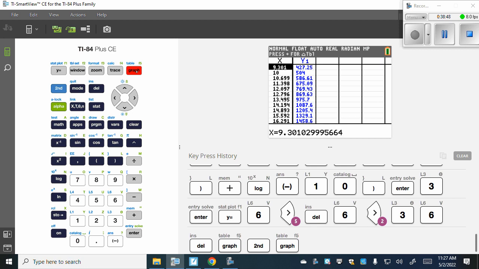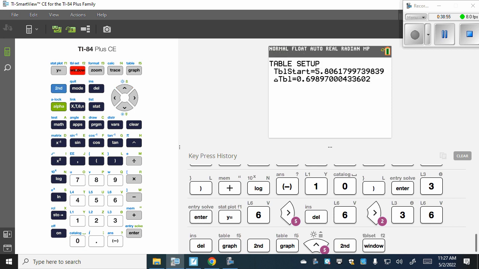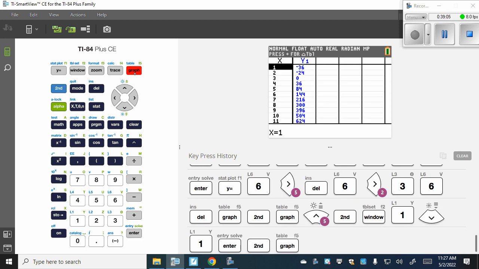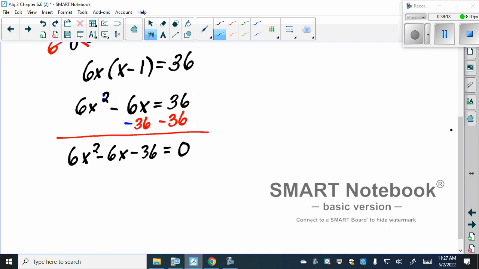So if I want to get a better look at that, I can look back at the table. So one of our values is -2 and the other is 3.